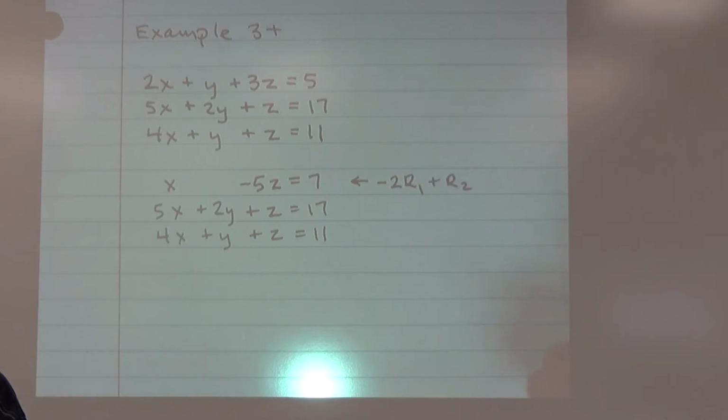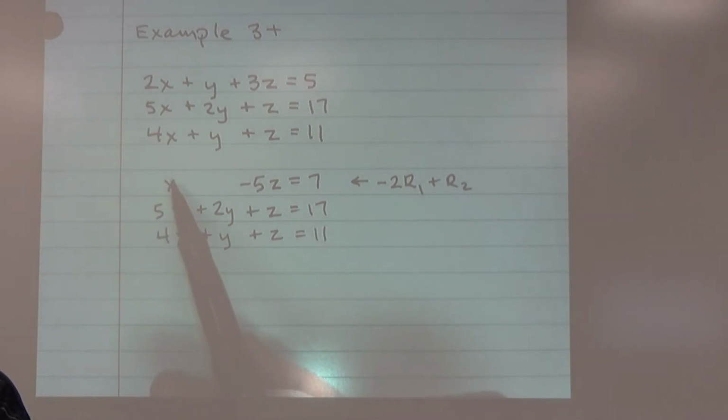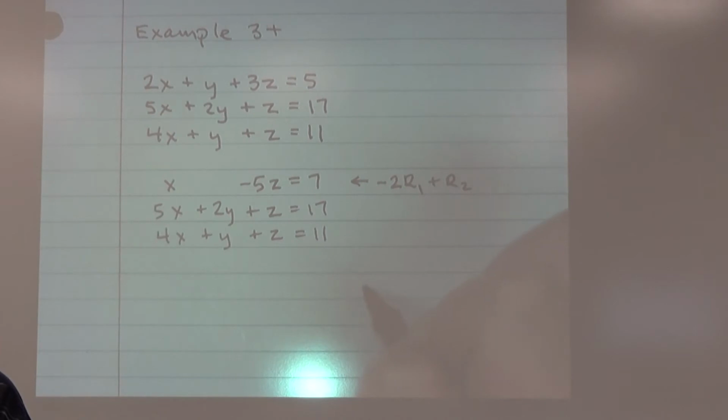Next thing I want to do is eliminate the x's below it. So this is going to be like the last one, where I want to multiply the first one by something and add it to the second one. So I think what's going to work here is if we multiply negative 5 by row 1 and add it to row 2.